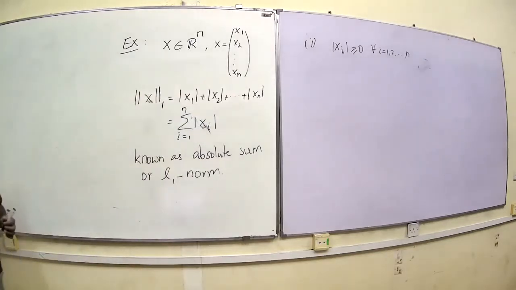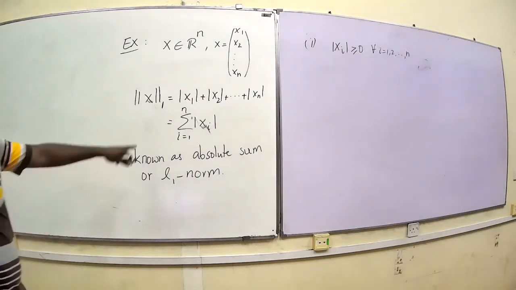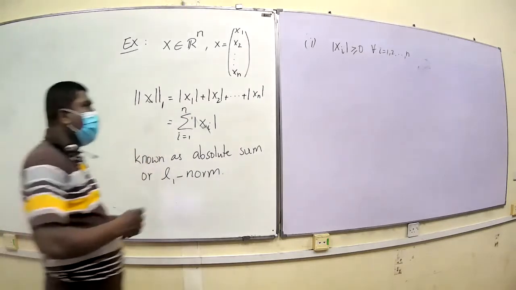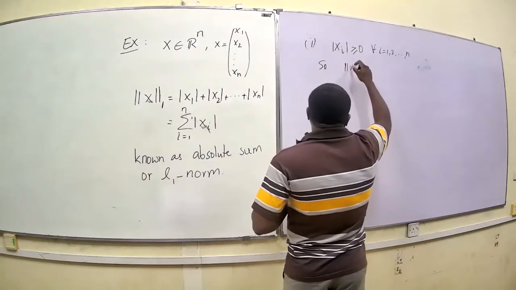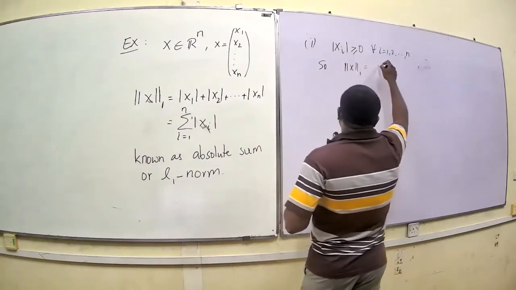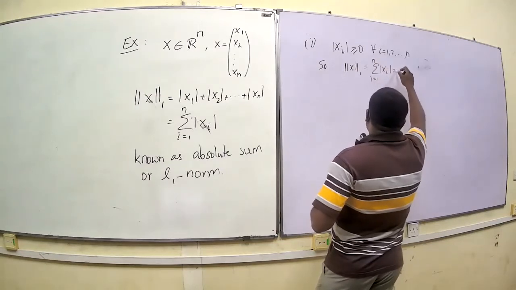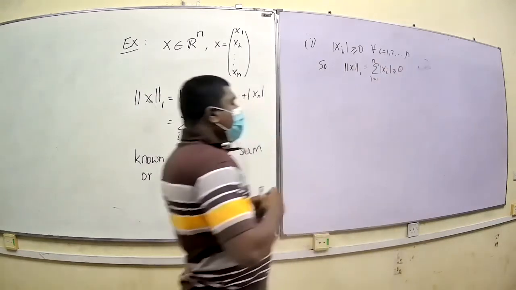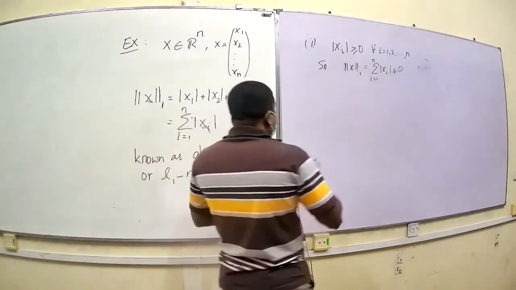The absolute value of xi is greater or equal to 0 for all i. So the sum is also non-negative. Because each absolute value is greater or equal to 0, the summation will also be greater or equal to 0.